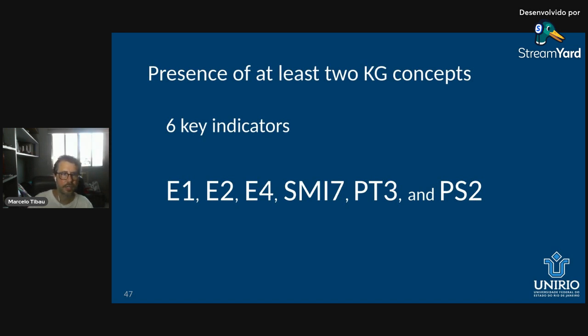The indicators here: I would call attention to this SMI7 indicator because it represents addition of information. It serves to track when the searcher was somehow saving the content, whether it's copy and paste, printing, or fabricating the content.